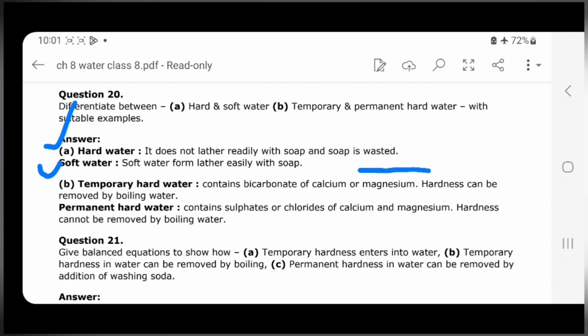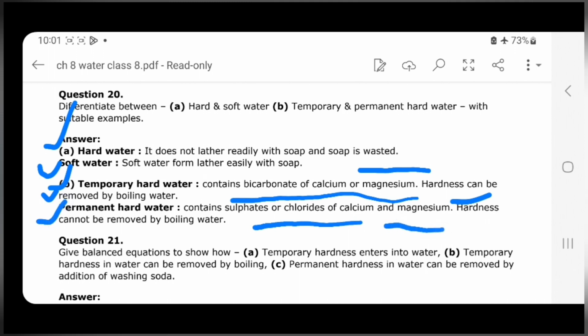Temporary hardness is due to bicarbonates of calcium and magnesium and it can be removed by simple boiling, while permanent hardness is due to sulfates and chlorides of calcium and magnesium. It cannot be removed by simple boiling. We have different methods for removal of permanent hardness like the soda lime process, ion exchange process or zeolite process.